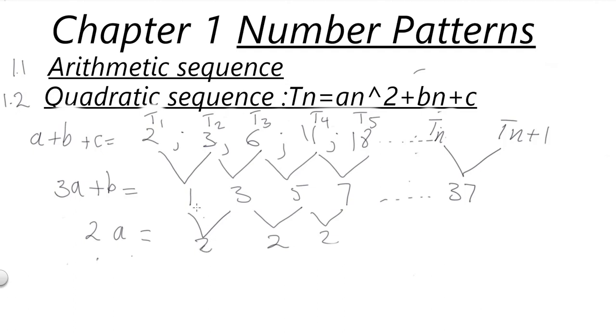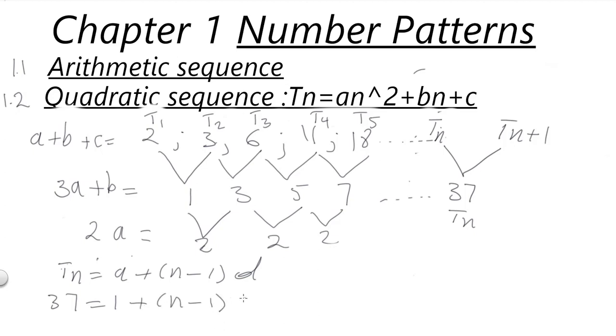So we have the formula Tn equal to a plus n minus 1 times d. The last term is 37, the first term 1 we put there, and the common difference will be 2.